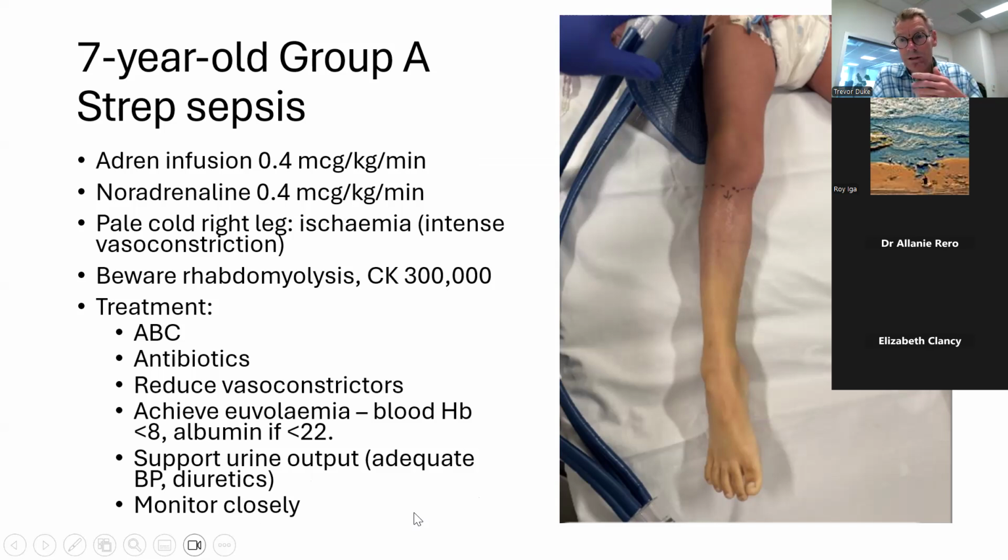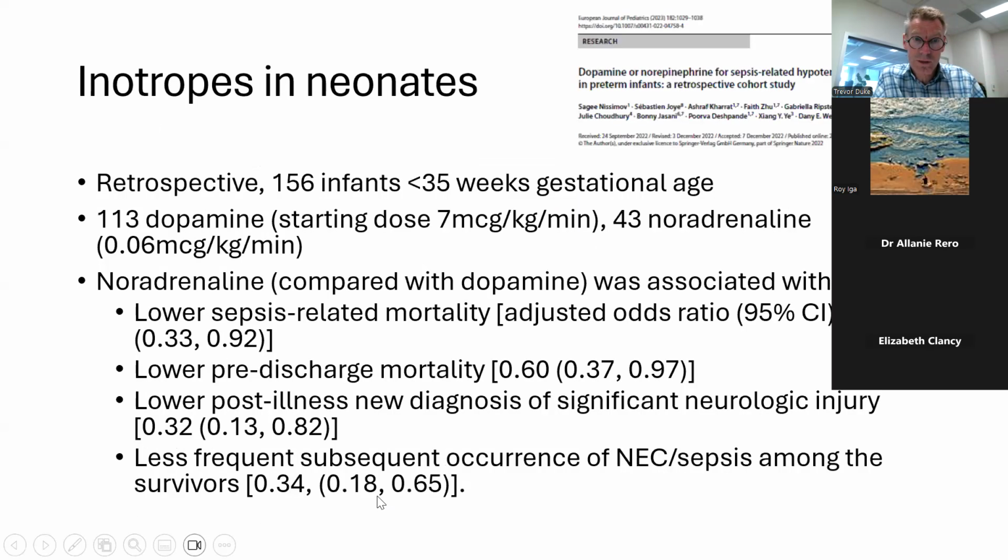So sometimes when you see a child with shock, you want to increase the inotropes and the vasoconstriction, and sometimes you want to reduce it because they're causing more harm than good, and you have to balance it all the time.